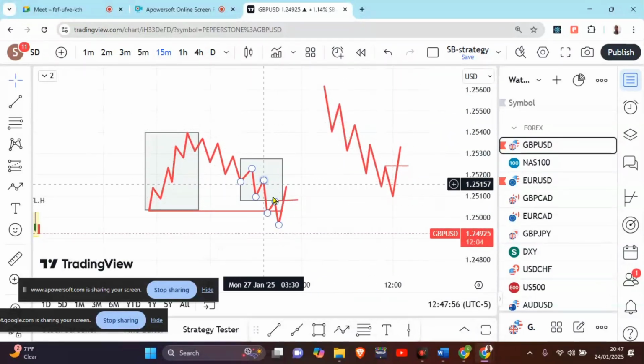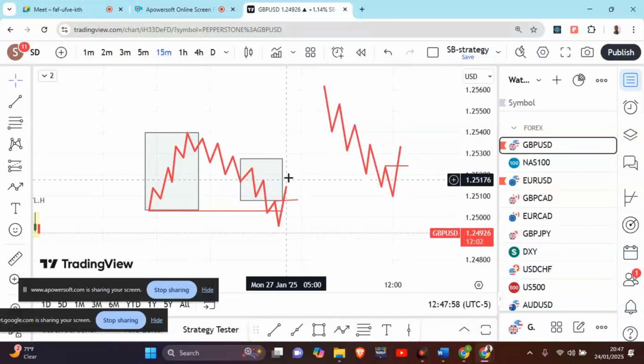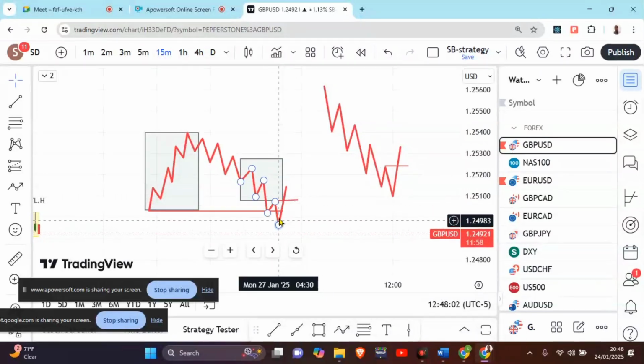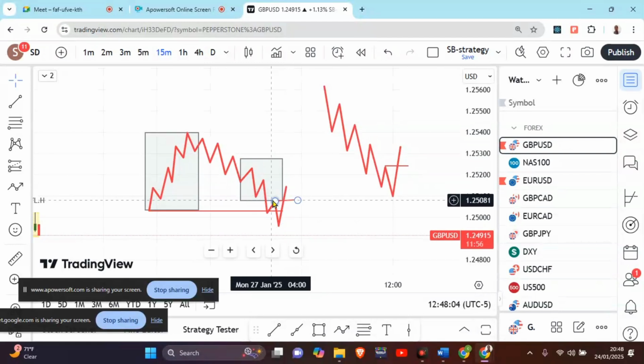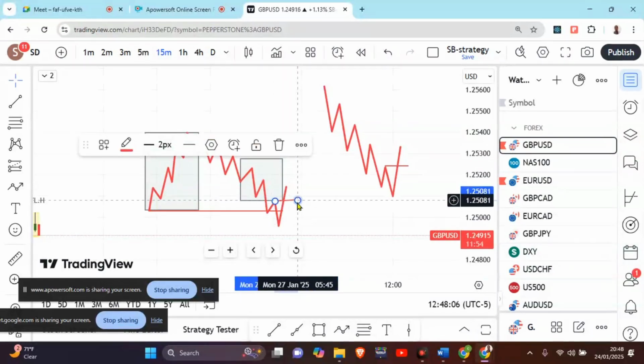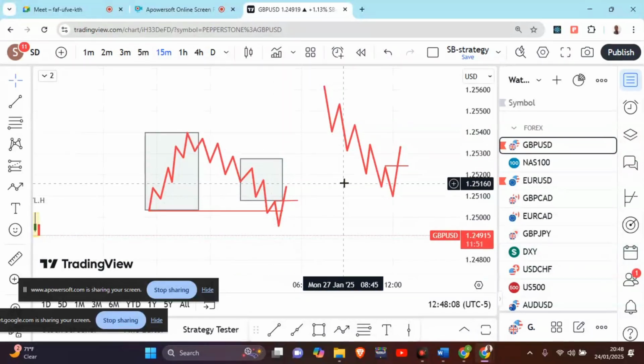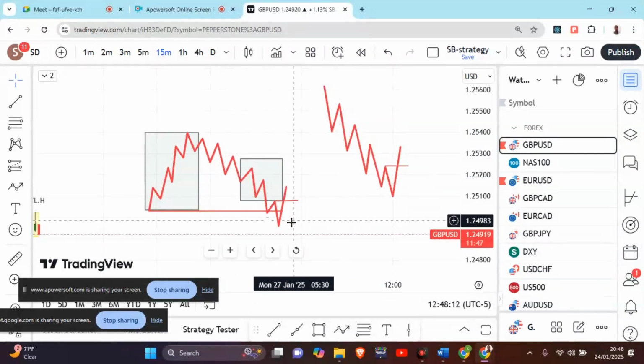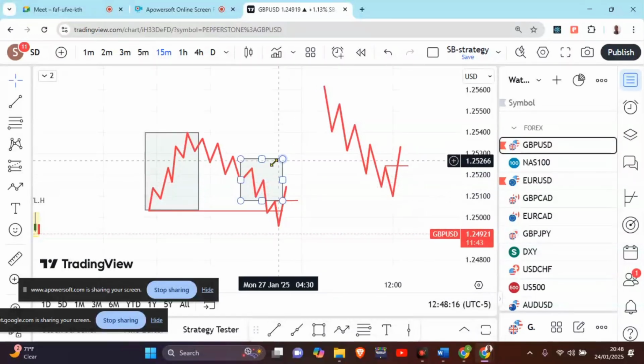So when price breaks our lower high with a displacement candle, meaning a big candle, and we close above this swing high, that for you is a confirmation that price now wants to reverse and go in the opposite direction.